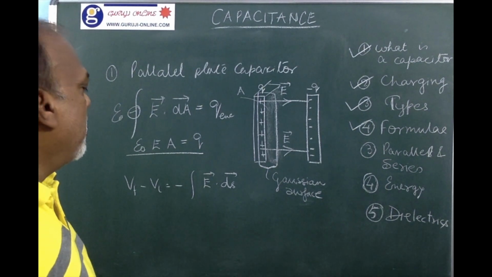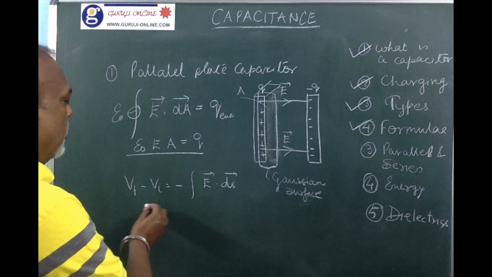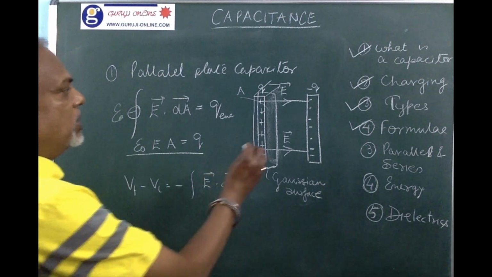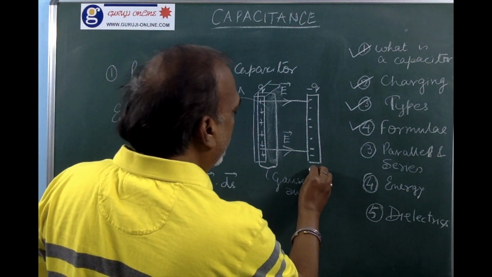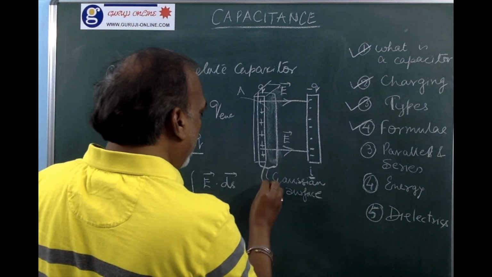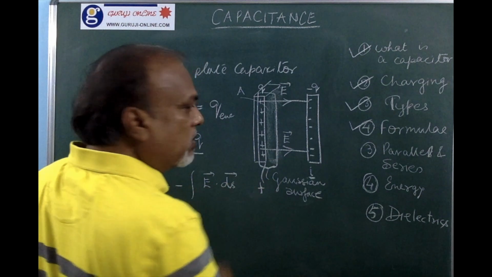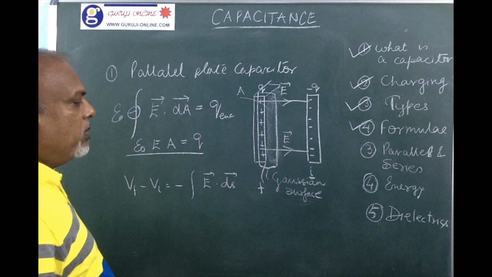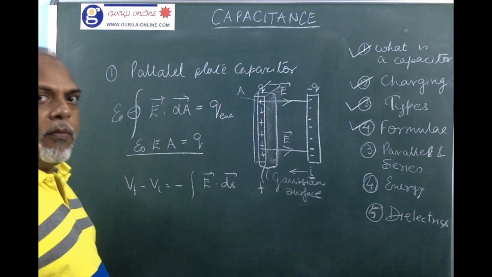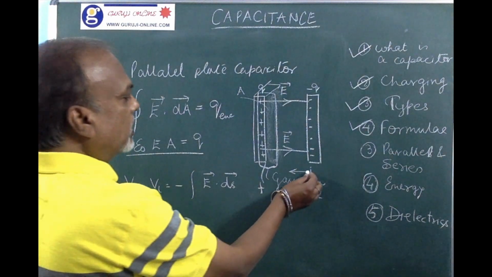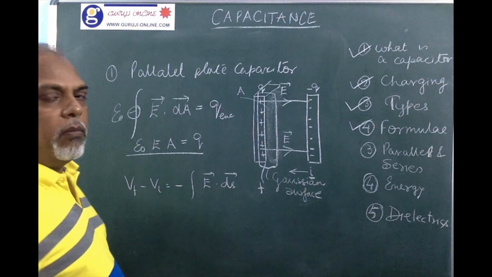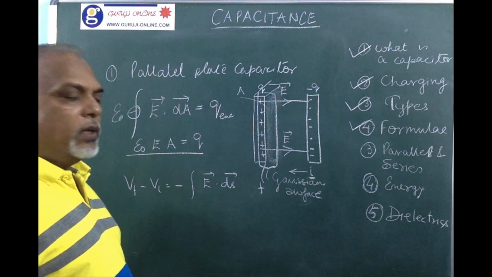Now let us modify this formula according to our need. Suppose this is the initial point, and this is the final point. We are taking the integral like this, means our ds is like this, means E and ds are both in opposite directions.